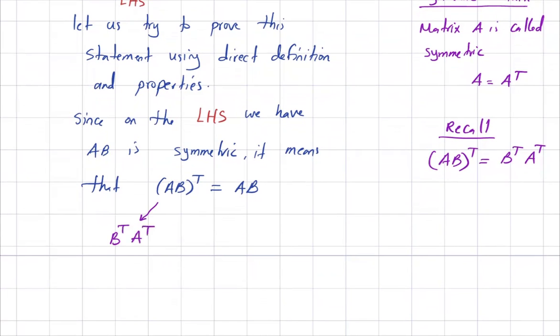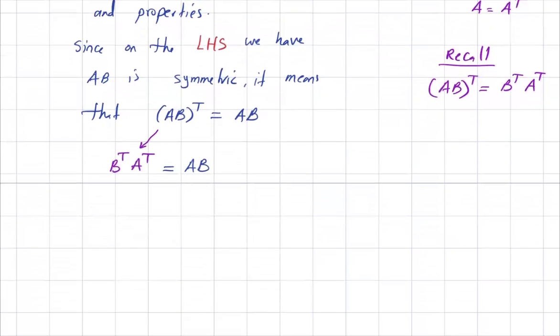And on the right-hand side, it is equal to A times B. But at the same time, we know that A and B are symmetric matrices. So your left-hand side becomes B times A, and on the right-hand side, you have A times B.